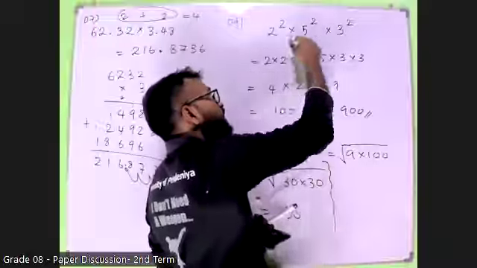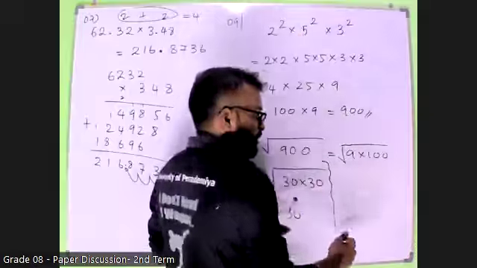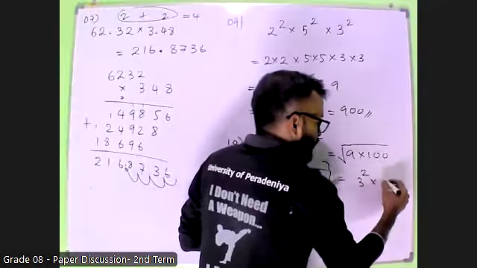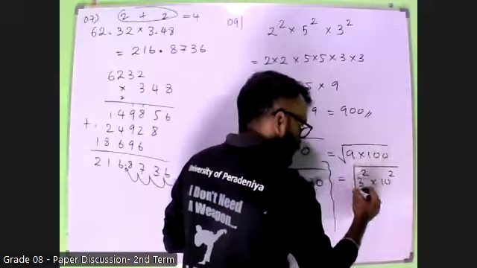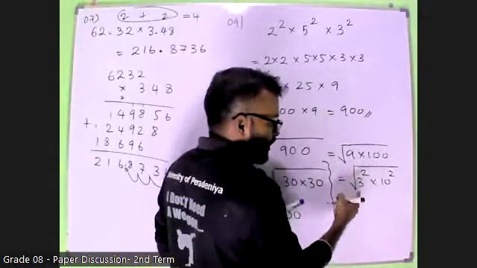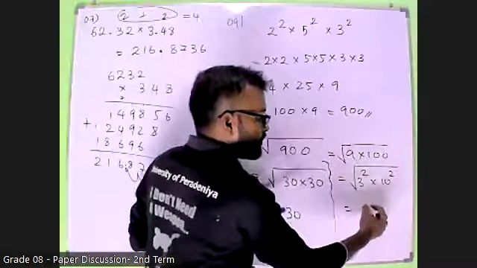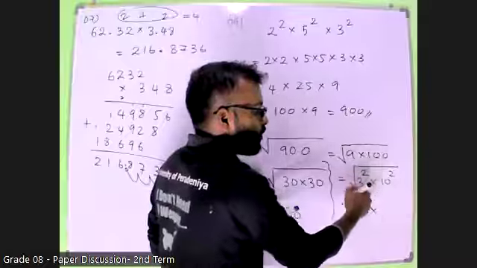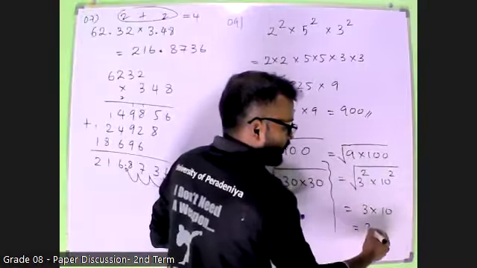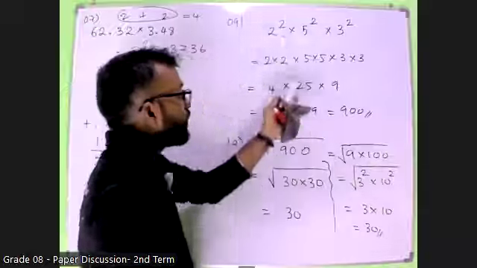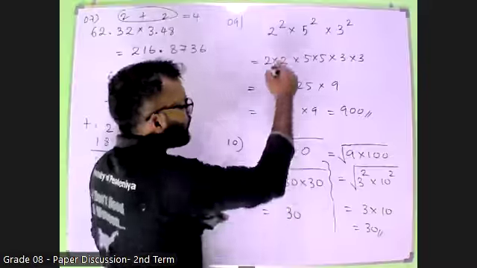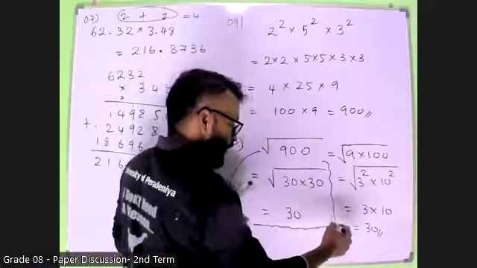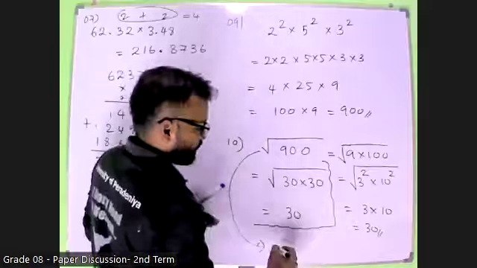Or you can use this way as well. 9 can be written as 3 to the power 2, and 100 can be written as 10 to the power 2. So if you take the square root, you can write the square root of 3 to the power 2 multiplied by the square root of 10 to the power 2. Again 30. The answer will be 30. There are 3 ways, however you need to obtain the answer 30.